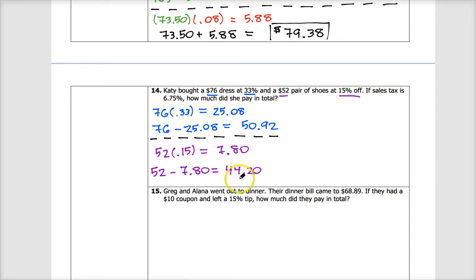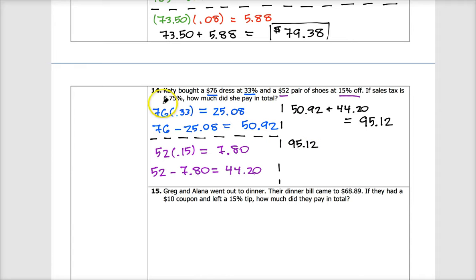So that's the price she's paying for the shoes, the selling price, $44.20. So now we need to find out how much she's paying in total, not including tax. So that's going to be the $50.92, the selling price of the dress, plus $44.20, the selling price of the shoes. If we add those together, we get $95.12.